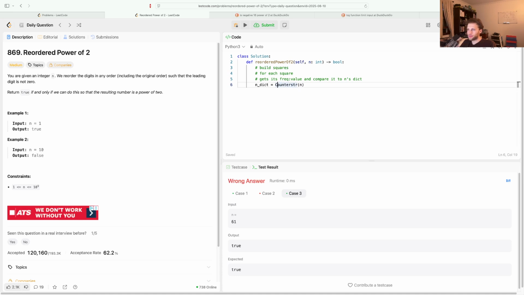I forgot for a second. collections.Counter. And that gives us a dictionary of its frequencies and values. And then we'll go through each value.